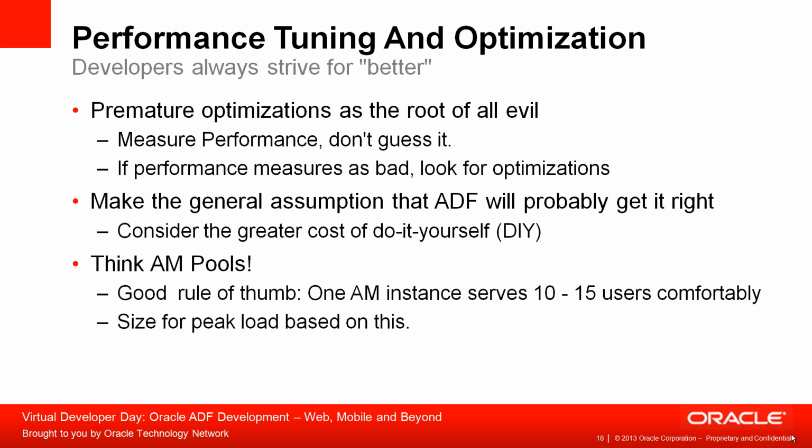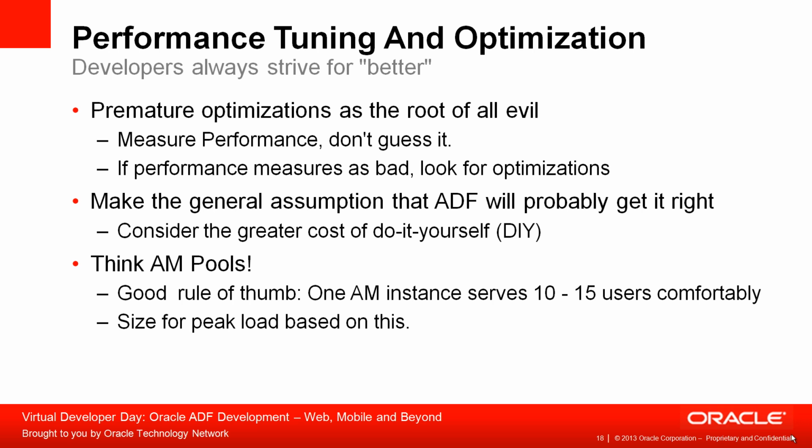framework by default does. When you design application modules, think application module pools. So an application module, if it's requested, will serve a specific call and then it will be handed over to the application module pool. This way, we don't have a one-to-one association between a user requesting a functionality and the application module serving it.